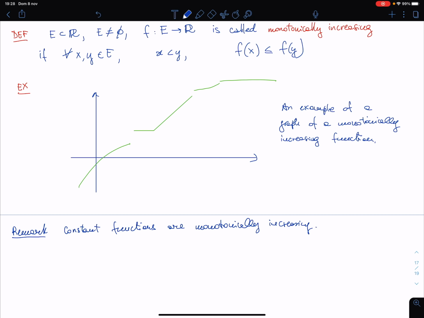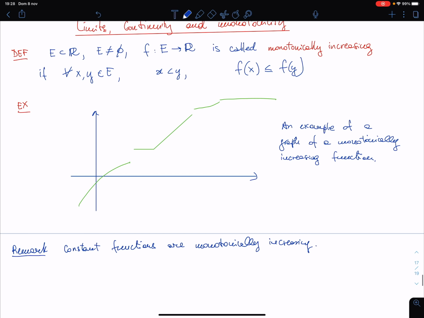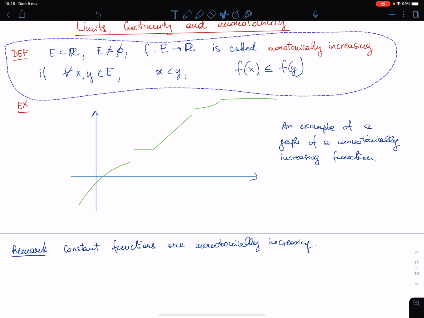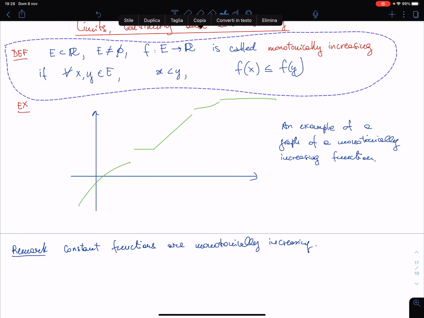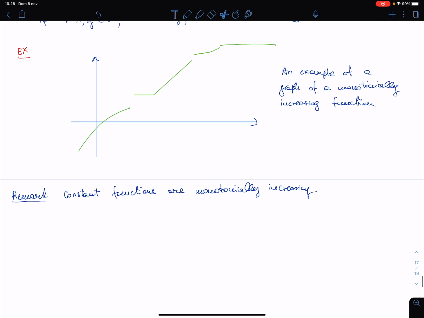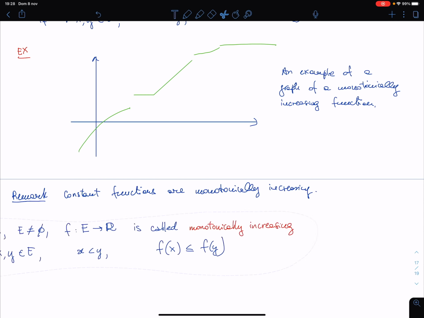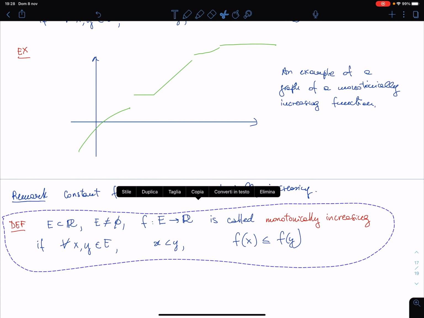And now, let us define the counterpart, so to say, the monotonically decreasing function. I just copied the definition of monotonically increasing function.